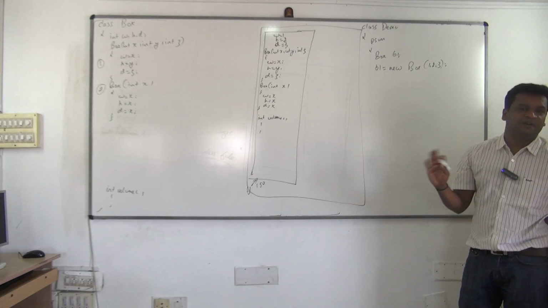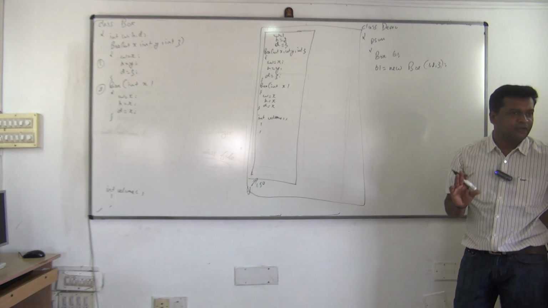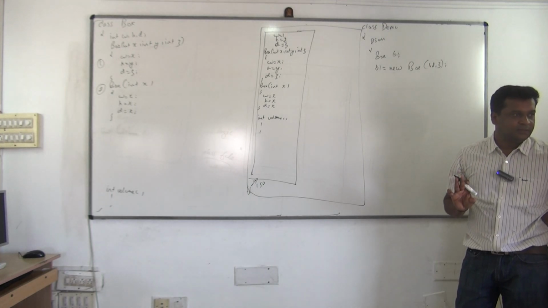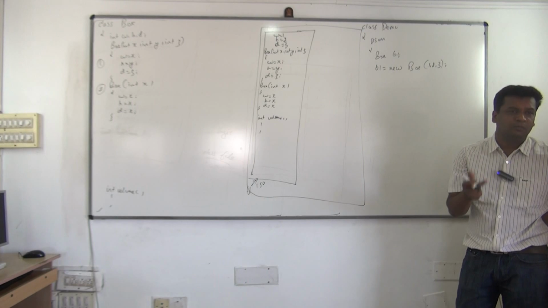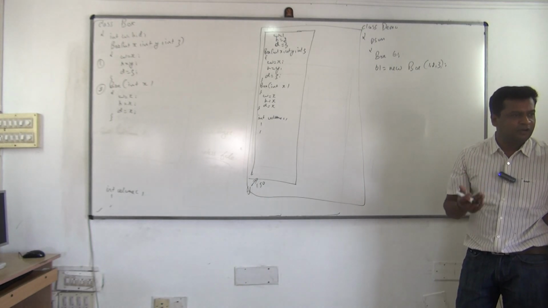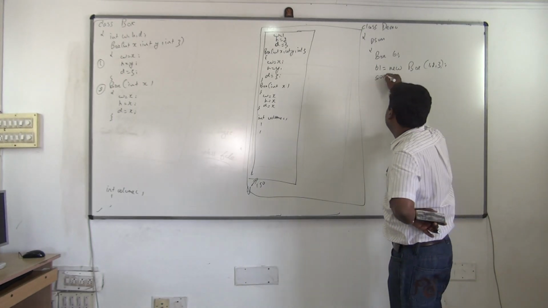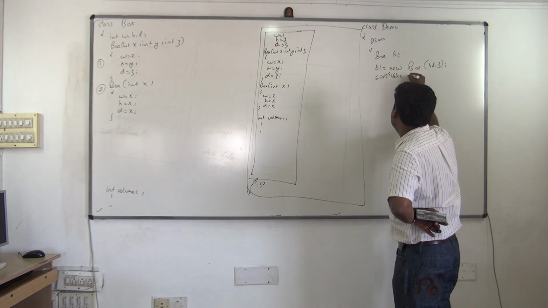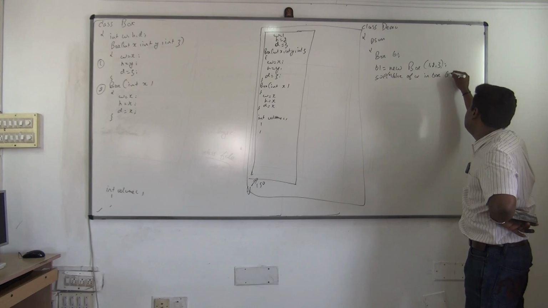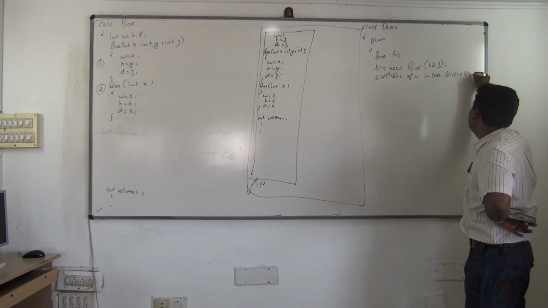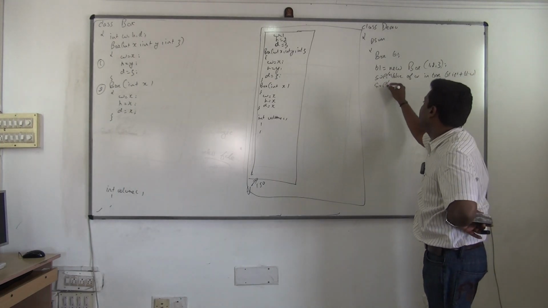Now you can't modify values here. I can use only the values. I can call b1.w, means I can access, but don't try to modify it. You can try and print. See this. SOP, I'm accessing all the members. Value of w in box b1 is plus b1.w. I can access.